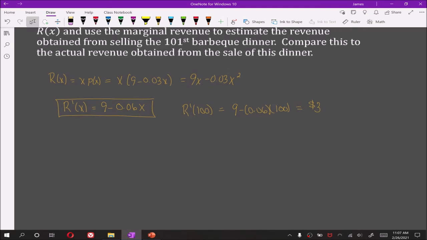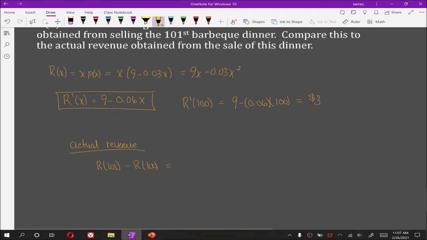To find the actual revenue, what we want is r of 101 minus r of 100. All right, so r of 101, remember revenue is 9x minus that 0.03x squared.